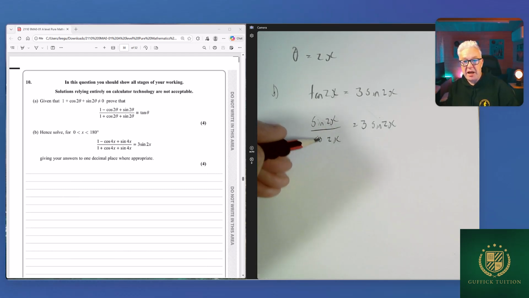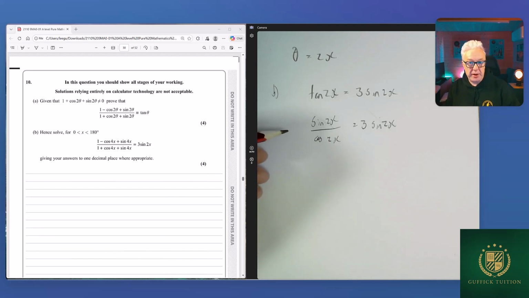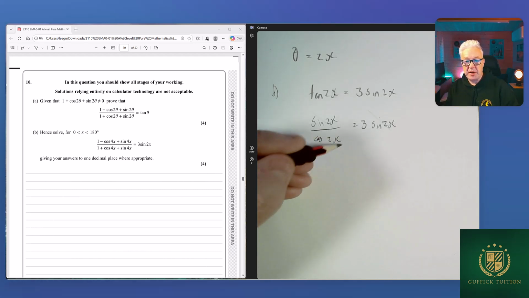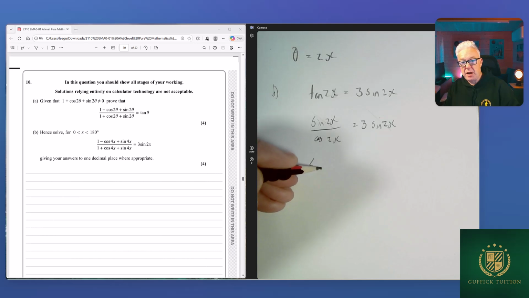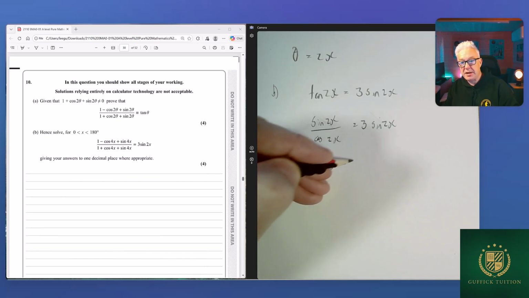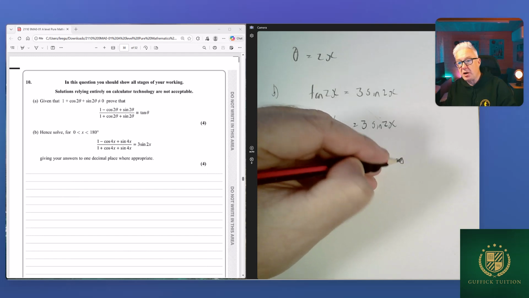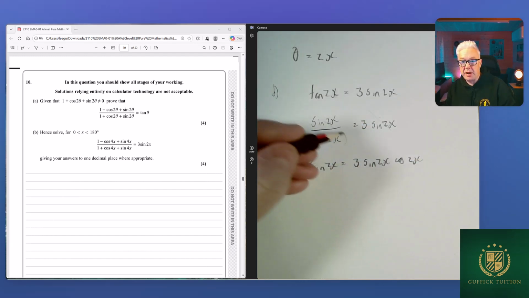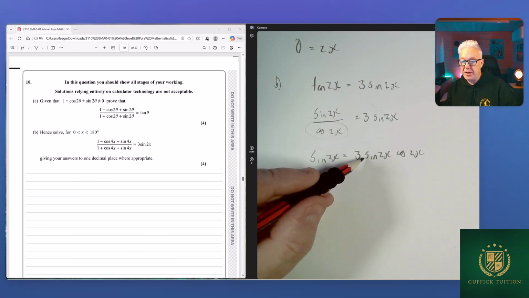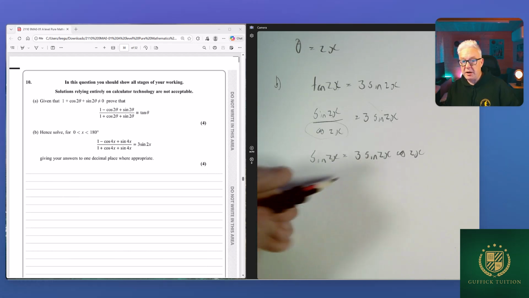What you want to do instead is try and factorize out the sine. So I'm going to multiply both sides by cos 2x. So I have got sine 2x is equal to 3 lots of sine 2x times cos of 2x. I'm going to take this over to the other side. It doesn't matter which way around I do it. Take that over to the left hand side.